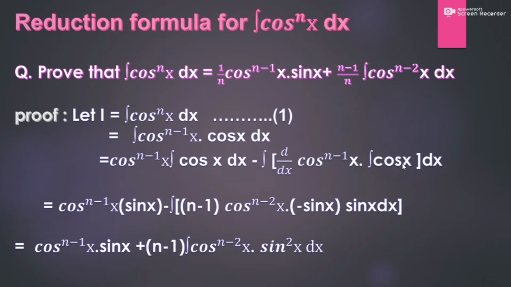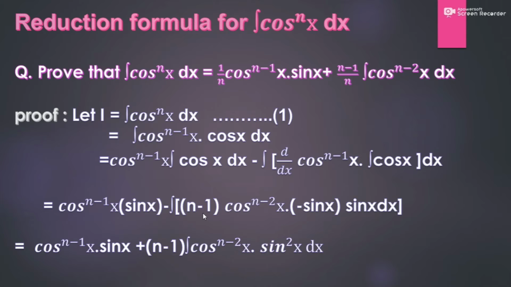Then the integral of cos x is sin x dx. Here cos^(n-1) x is as it is, and sin x is also as it is. Then this minus and this minus become plus. Here n minus 1 is a constant, so it comes out of the integral, therefore plus n minus 1. Remember this minus and this minus becomes plus.